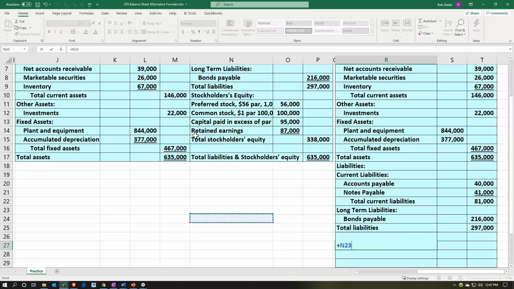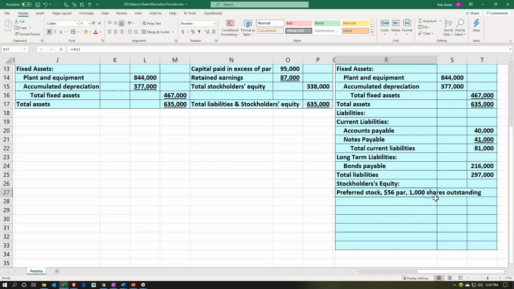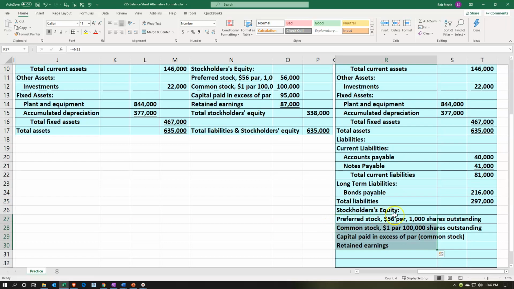Stockholders equity, I'm going to be picking up this item. I'm going to autofill that down because it'll pick up the relative cells if I autofill it down. And then we'll bring this into the inner column equals the 56,000. Let's autofill that down, or you can copy, holding down shift, down, down, and paste, Control V. So there's that.